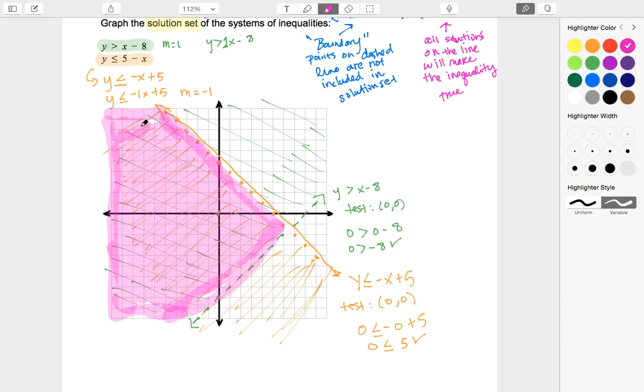Even though there are some solutions here for the first inequality and some solutions here for the second inequality, those would not count because they are not a solution set of the entire system. So this is how we would shade our solution set.